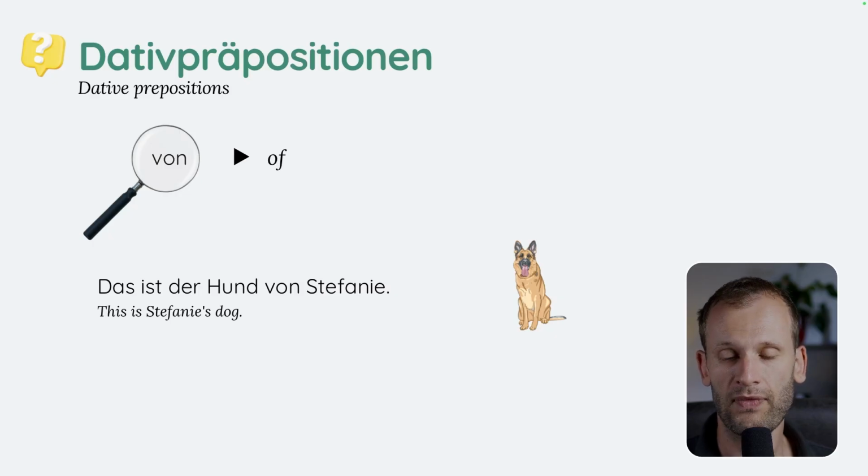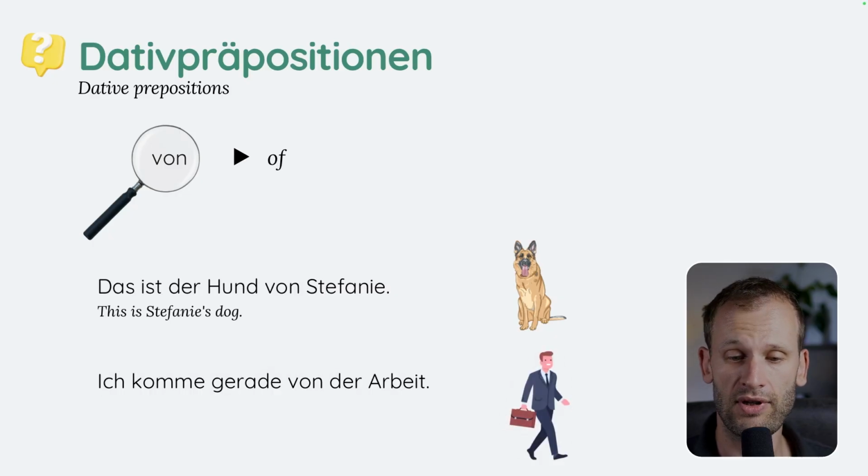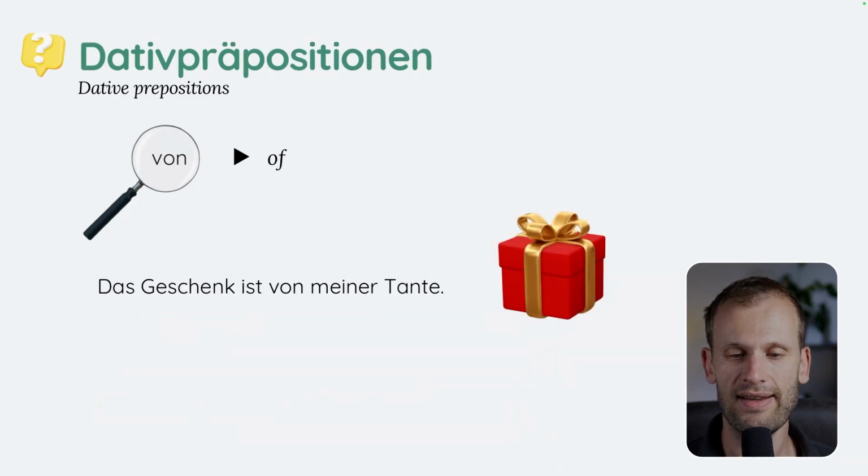So von also plus the dative case. For example, ich komme gerade von der Arbeit. So it's not only used for possession, also for direction, some place where you're coming from. Ich komme gerade von der Arbeit. I'm just coming from work. Great. And the next sentence is, das Geschenk ist von meiner Tante.